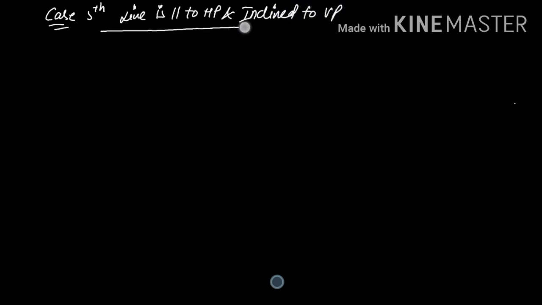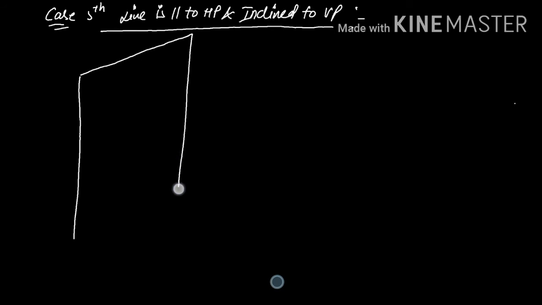This is similar to the case when a line is parallel to VP and inclined to HP. So what we have to do, again we will draw our first quadrant.